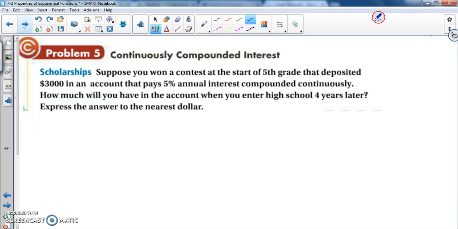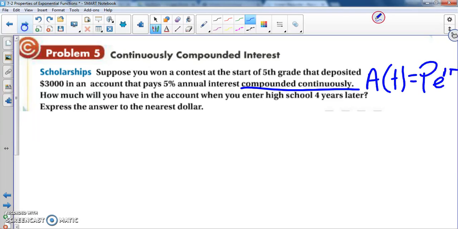Suppose you have won a contest at the start of 5th grade that deposited $3,000 in an account that pays 5% annual interest compounded continuously. Since it says compounded continuously, we have to remember A of t equals P e to the rt. How much will you have in the account when you enter high school 4 years later?